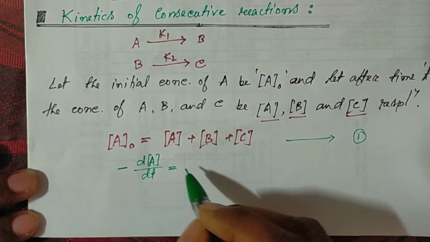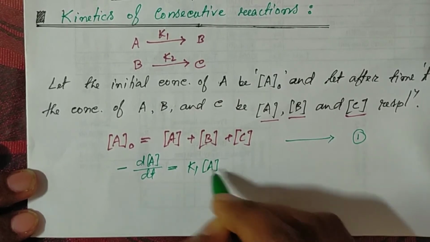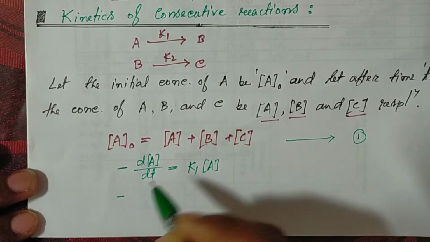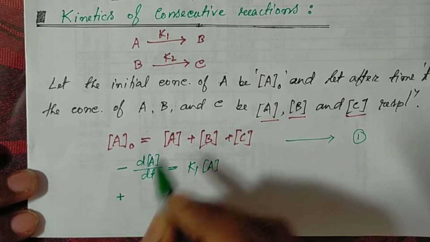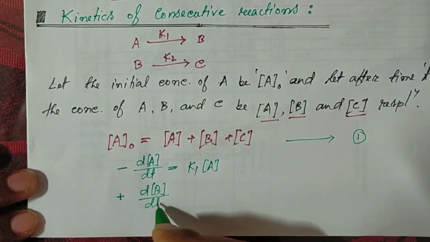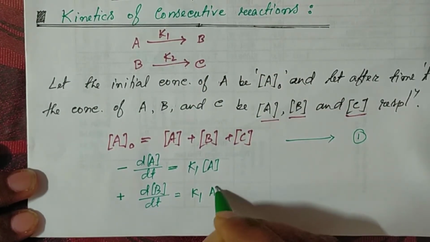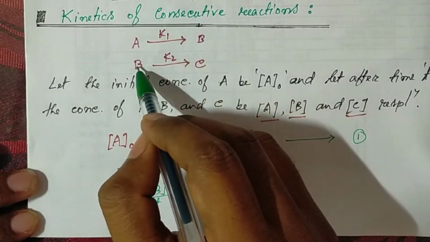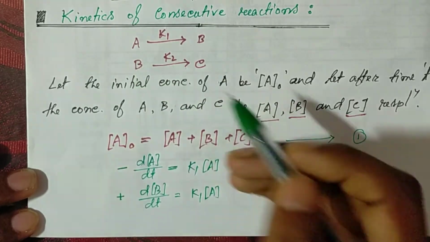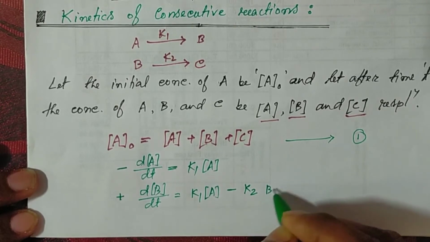Okay, next, for this rate, k1 and the concentration of the reactant. For B it will be positive as it is on the product side, so dB/dt is equal to k1 A, and as B is also a reactant in another reaction, it will be negative k2 B.